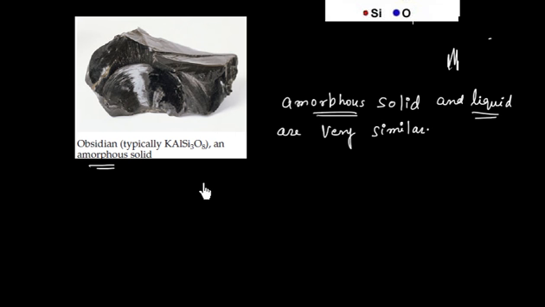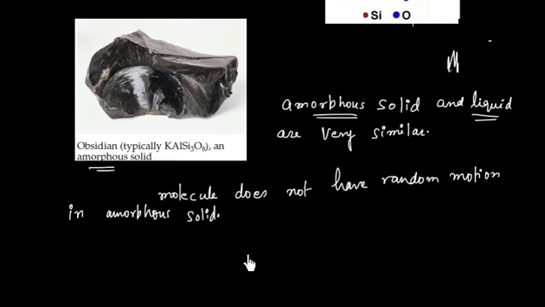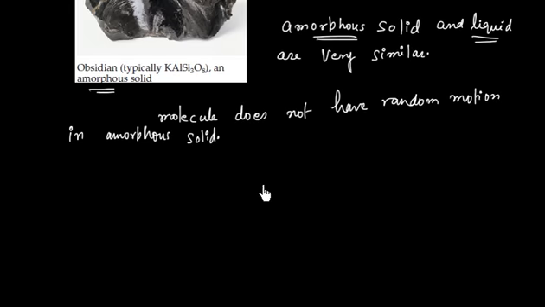So random motion is possible in a liquid, but in an amorphous solid, random motion is closed. That's why sometimes an amorphous solid like glass is also called a supercooled liquid.